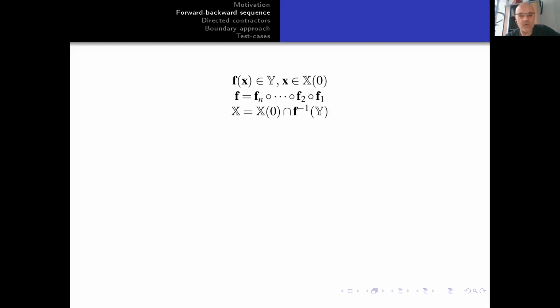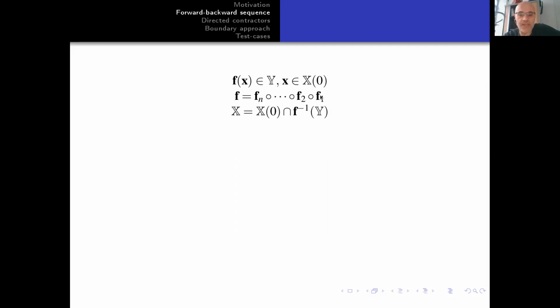For a forward and backward sequence, usually, when we want to invert a problem, we have a function f, which is given by a complex algorithm. This function f can be decomposed into many simpler functions, f1 to fn.